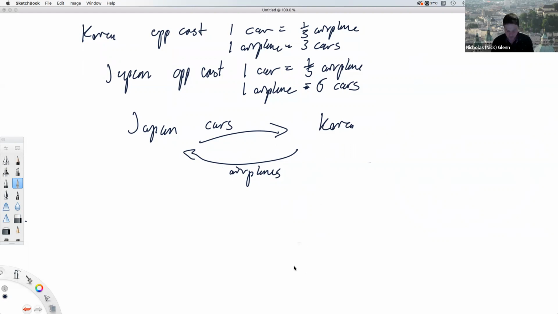And so to think about this, let's think about what's a good trade for Japan. Well, producing cars for airplanes.